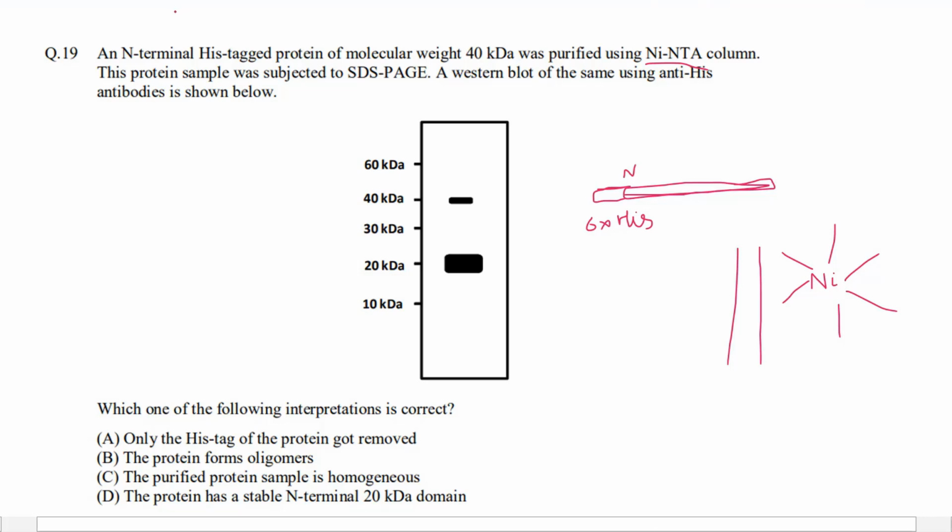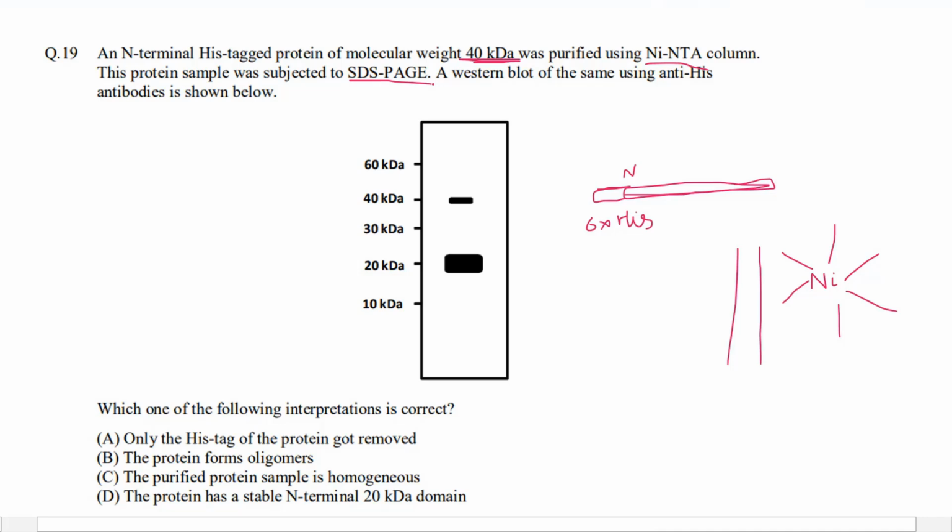Now they have taken an N-terminal his-tagged protein of molecular weight 40 kilodalton. The total molecular weight of the protein is 40 kilodalton, and it was purified using a nickel NTA column. This protein was subjected to SDS-PAGE.